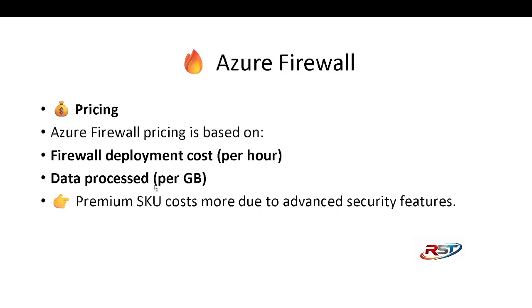Pricing. Azure Firewall pricing is based on firewall deployment cost per hour. So how many hours are we using the firewall? On a per hour basis, it also links to data processed per GB. So how much data is processed in a particular time, based on that it also bills. So Azure Firewall pricing is based on two factors: firewall deployment cost as well as data processed.